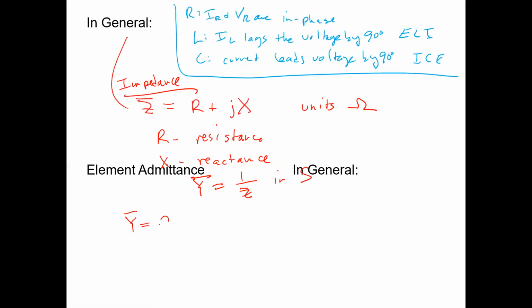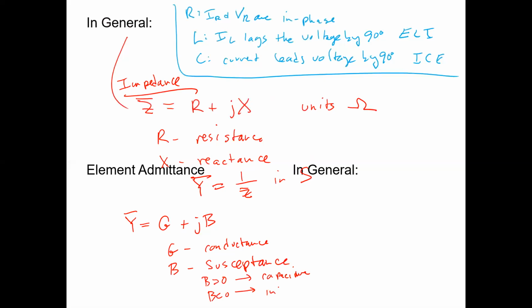You can also write Y as G plus J times B, where G is the conductance and B is the susceptance. There are just so many of these terms, it's hard to keep track. And it's the opposite: if B is greater than 0, that means it is capacitive, and less than 0 means it's inductive.